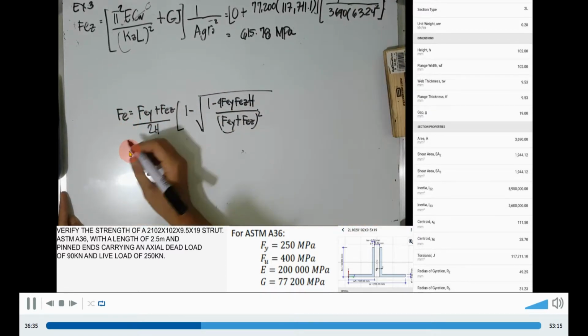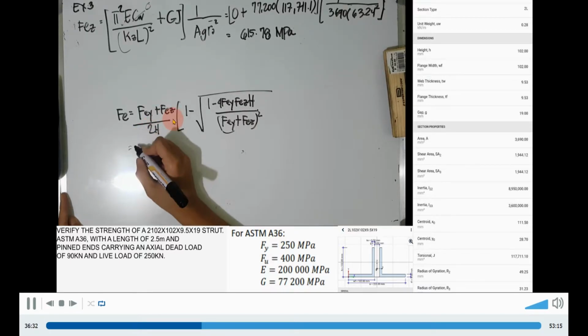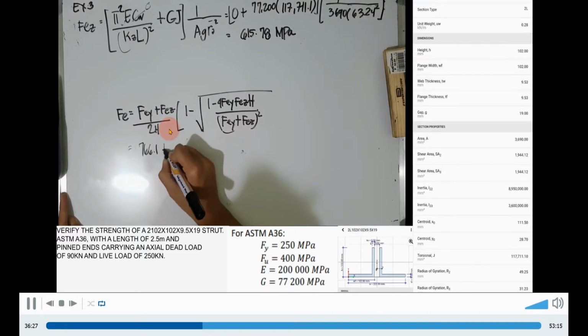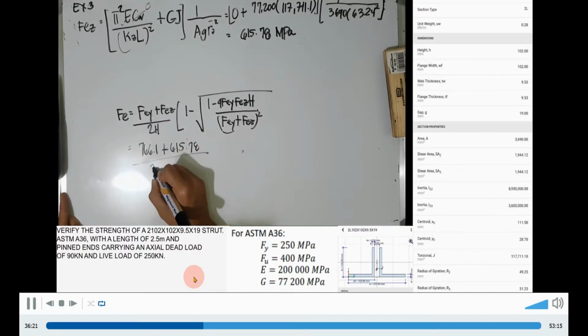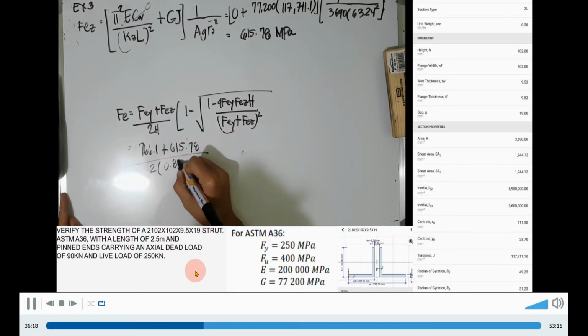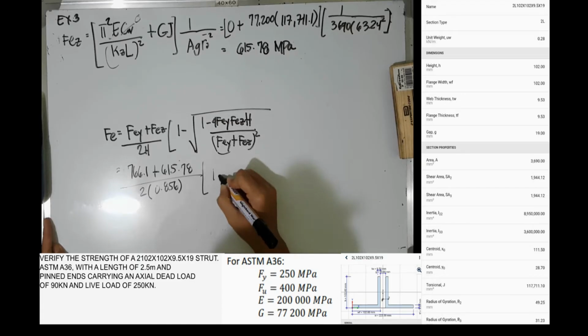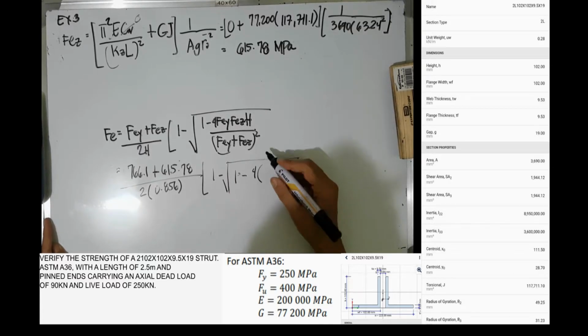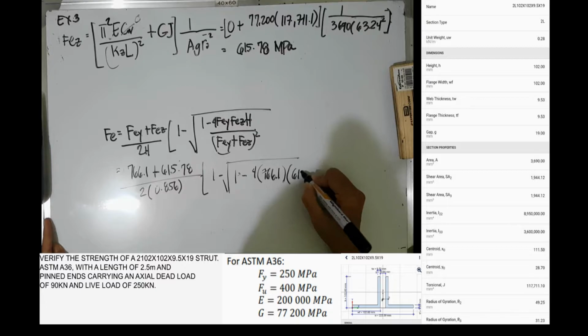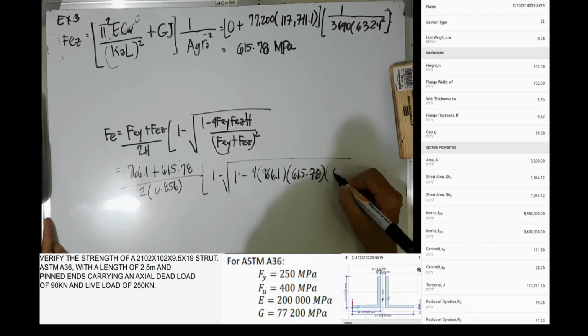So the values can now be substituted on this formula. We have now Fey and Fez, and we have H. So direct substitution. Our H is 0.856.